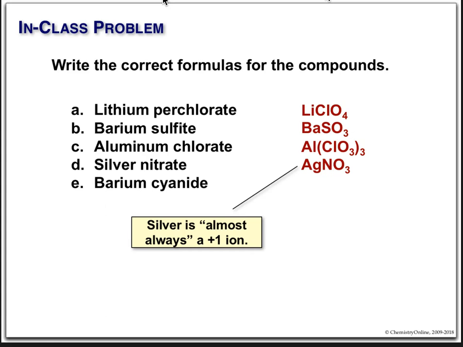We need 2 of them. So the cyanide has to be in parentheses to show that we have 2 of them. And it looks like this. Each side adds a -1, and we need 2 of them.